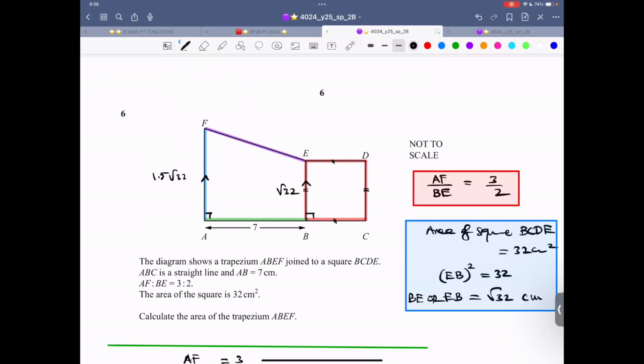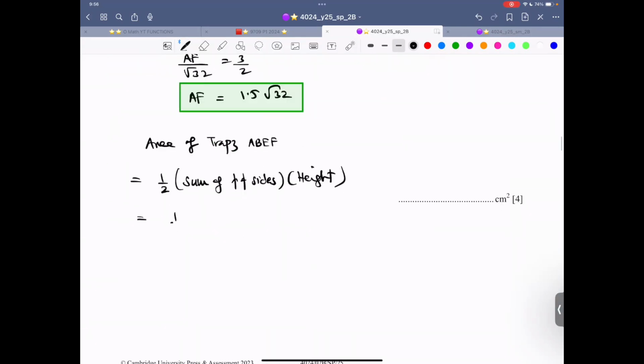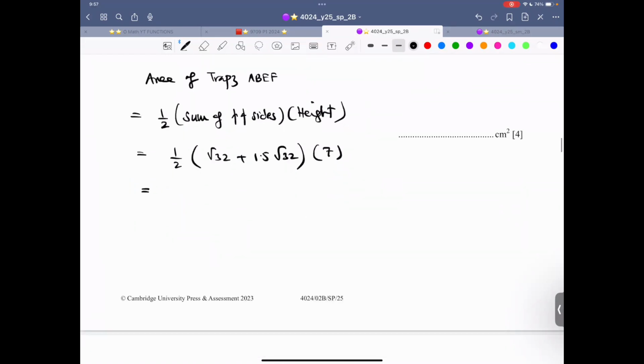This is root 32. This height is 7. So this is half into root 32 plus 1.5 root 32, into 7. So this is half. This is 1.5, which is 3 over 2 root 32. This is 1 root 32. This is 1.5 root 32. That is 5 over 2. Not 3 over 5, 5 over 2.